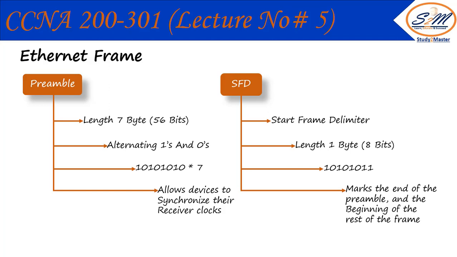SFD is the start frame delimiter, sometimes called the start of frame delimiter. Its length is 1 byte, which is equal to 8 bits, but the last bit is always set to 1. 10101011 marks the end of the preamble and the beginning of the rest of the frame.